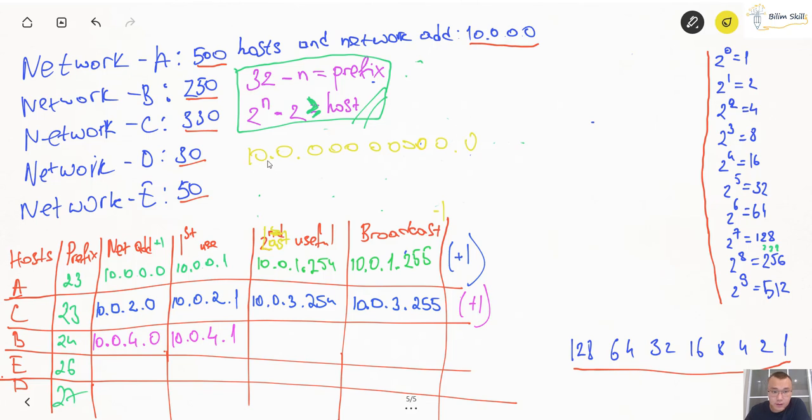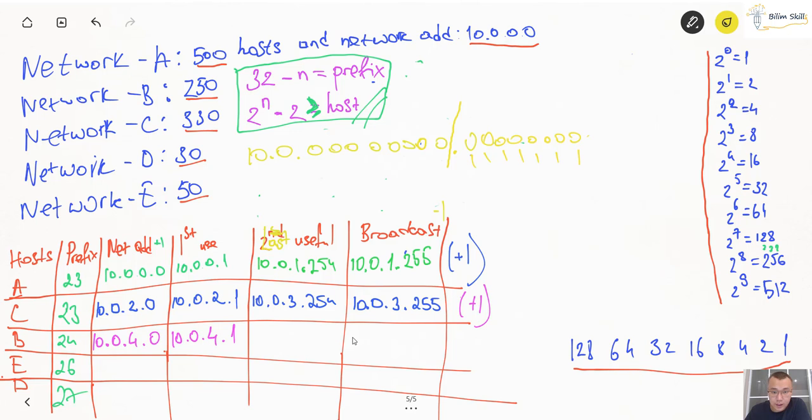So it is 8, 16 and 24. 24 is the last bit of the third octet, right? So after the slash, all the zeros will become 1. So all these zeros will be transferred to 1.